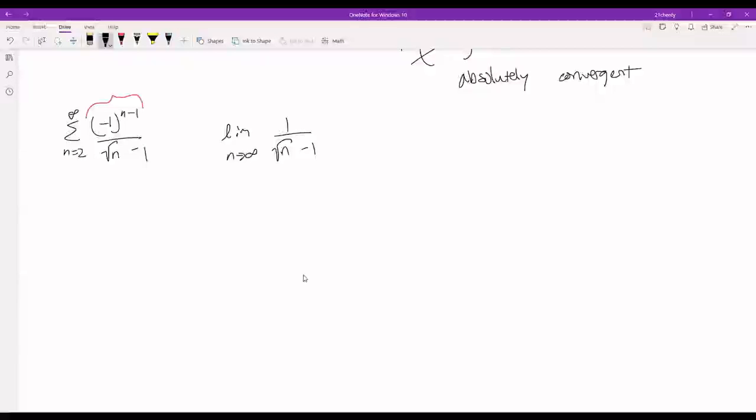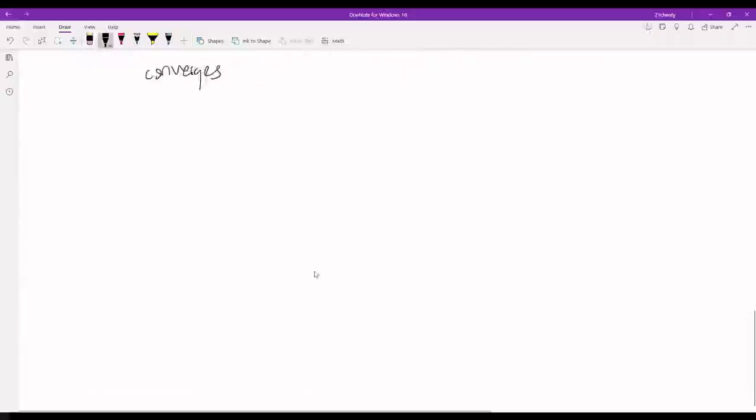And it's pretty obvious, as n gets bigger, this equals 0. So this is convergent. That one is pretty simple.